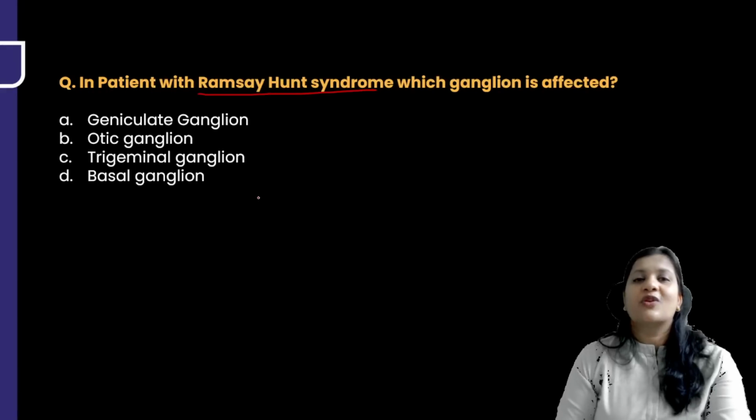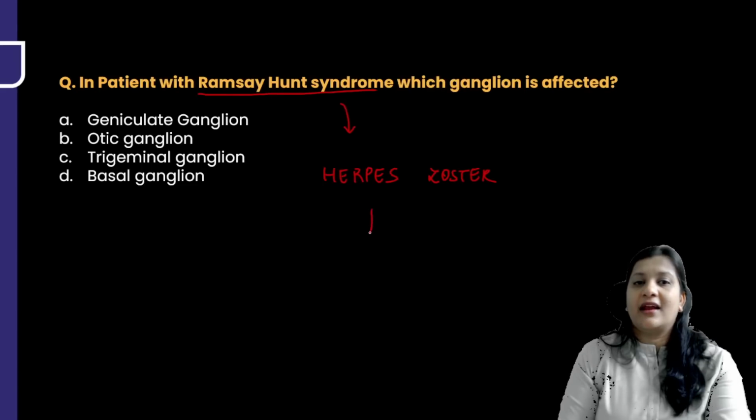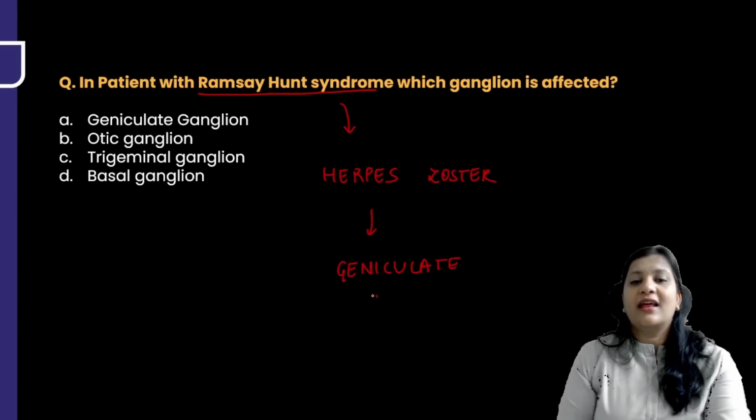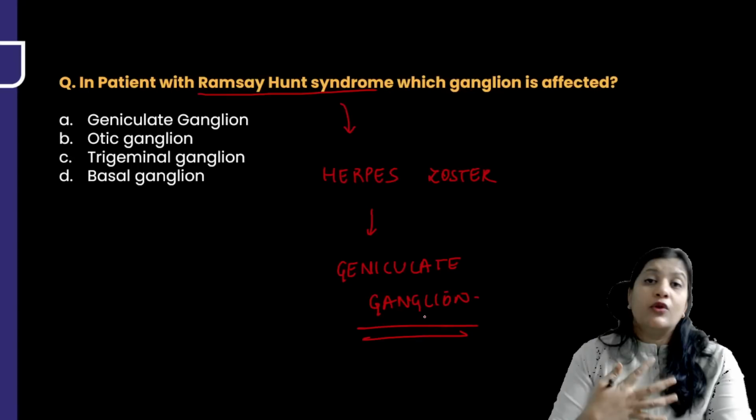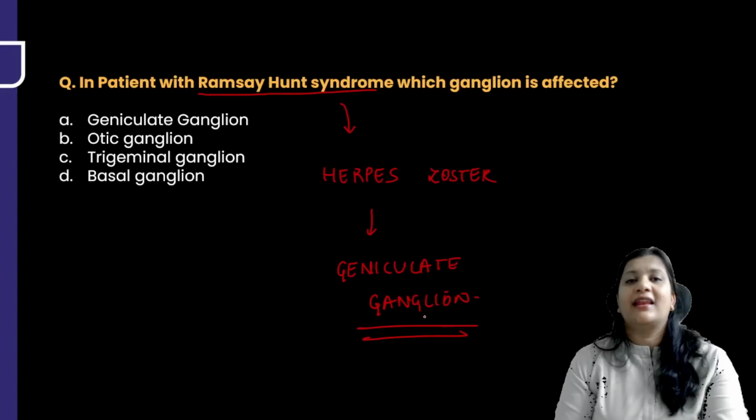So Ramsay-Hunt syndrome is nothing but herpes zoster oticus. This herpes zoster virus goes and remains latent in the geniculate ganglion of the facial nerve. And whenever there is immunosuppression of the patient, at that time there will be reactivation of the virus, and that can cause vesicles in the area of distribution of the facial nerve.